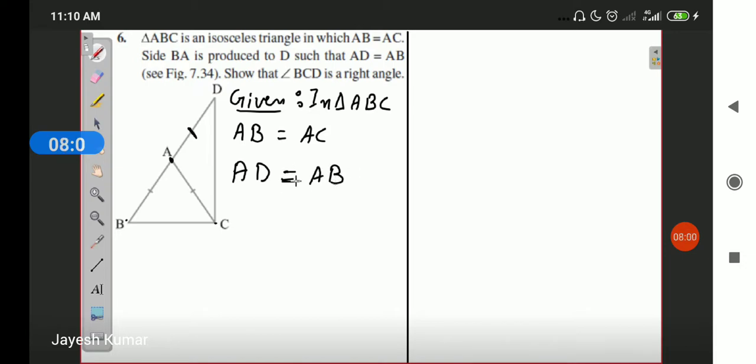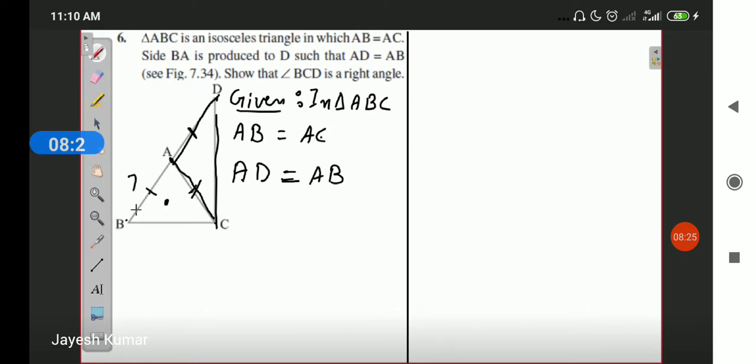So first of all, let us observe something. We have triangle ABC as an isosceles triangle because AB and AC are equal. Similarly, triangle ADC will also be an isosceles triangle because AB and AC are equal, which means AD and AC should also be equal.